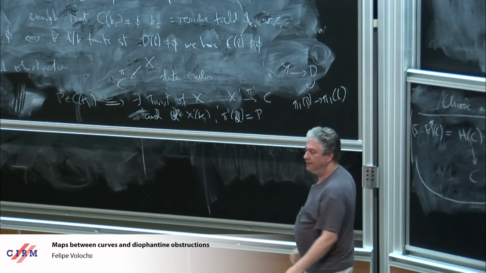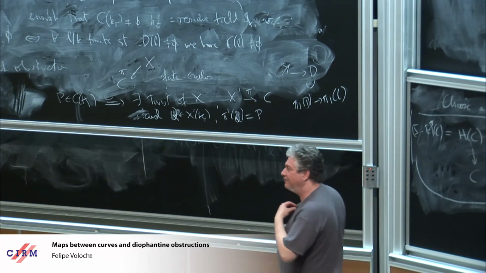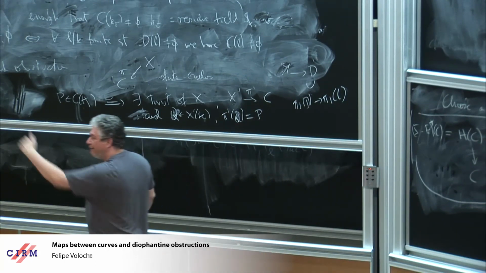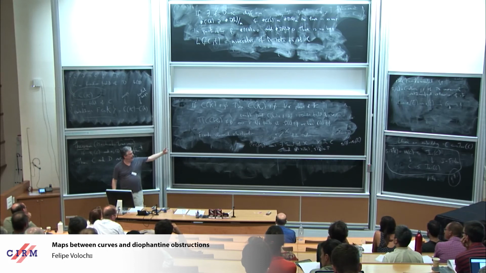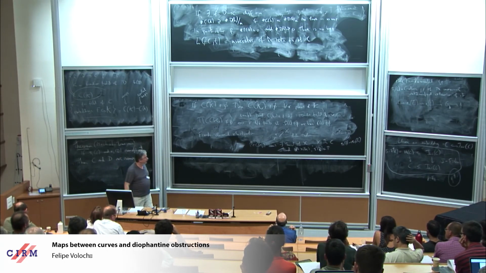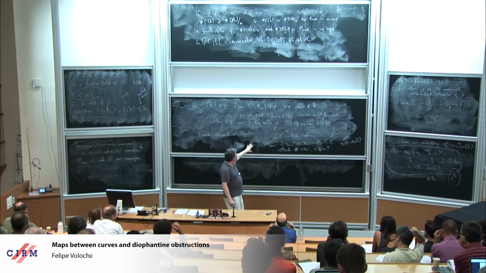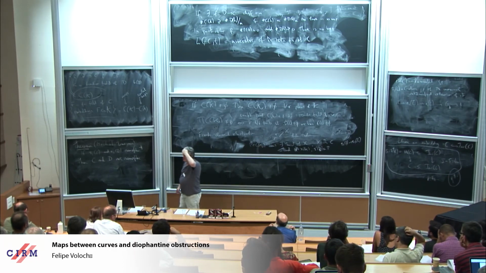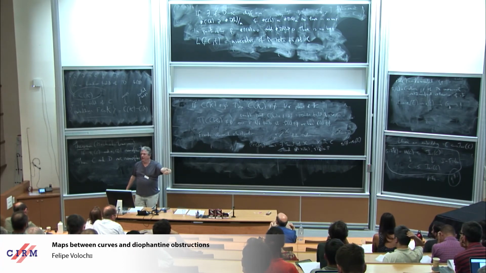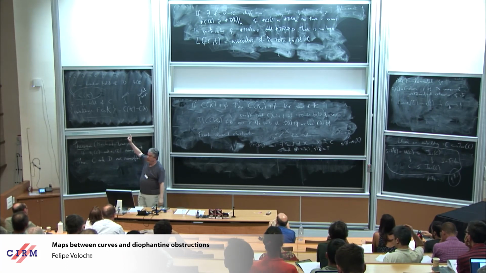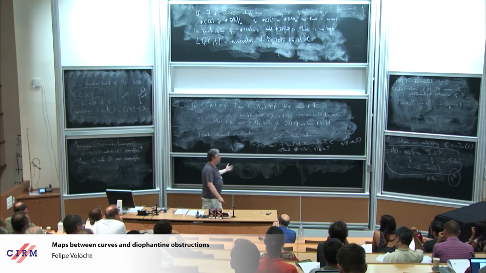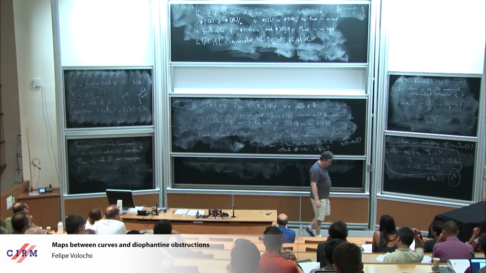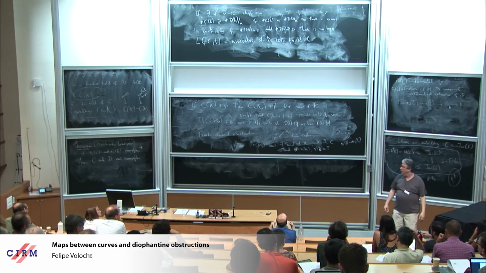I don't have time to give the details, but if there is no local obstruction, no finite descent obstruction, then you get a map from pi_1 D to pi_1 C. So this finite descent obstruction is stronger than the condition on the fundamental groups. Earlier in the beginning, we were looking at conditions on fundamental groups, but finite descent obstruction is stronger.